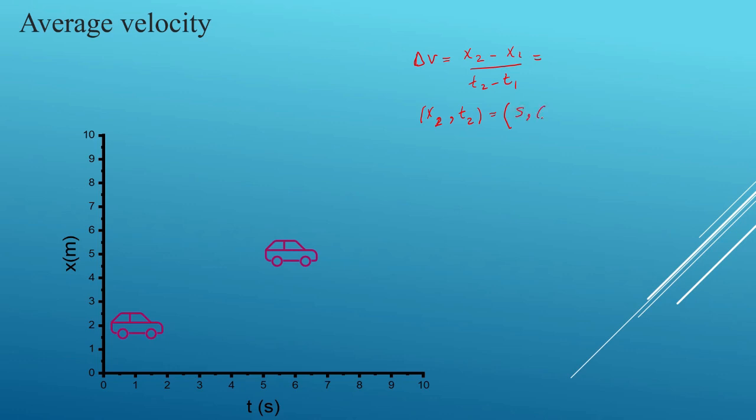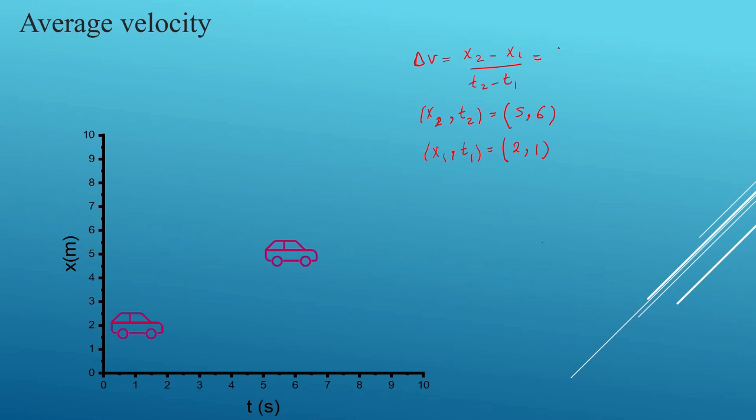So it's going to be 5 and 6. And for the first position, I have x1 and t1. It's going to be 1 and 2. So my x is going to be 2 and this one is going to be 1, right? So for calculating the velocity, I'm going to subtract these two positions and times.